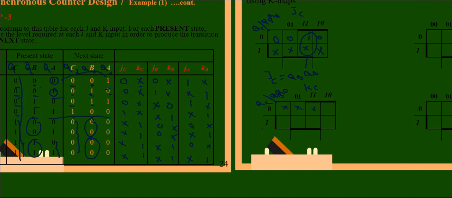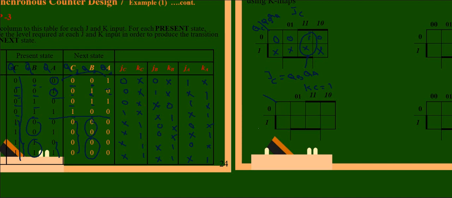If you take it like this, all are high, so there is nothing 0. So the K-map is usually not required, and we can directly take the answer. For KC there are no zeros, which means we can do all the grouping possible. So we can take KC equal to 1 directly.